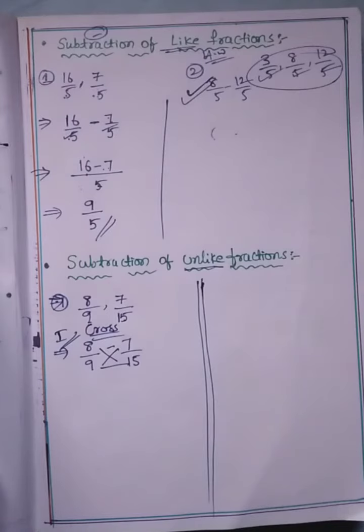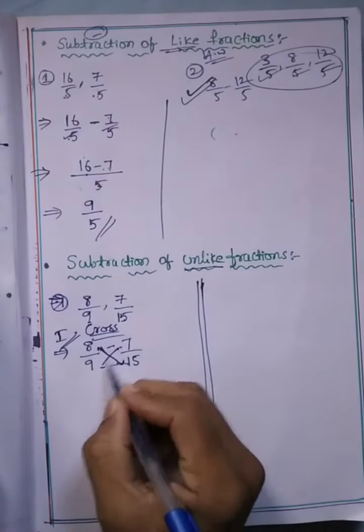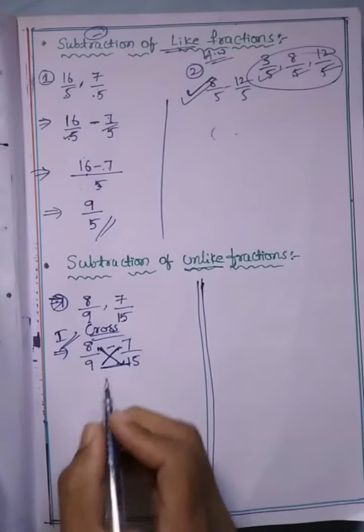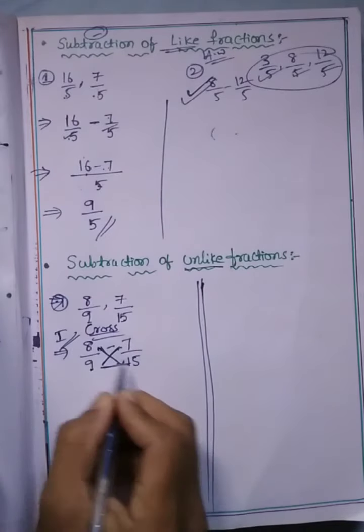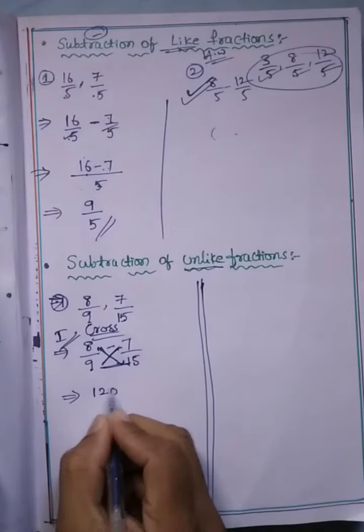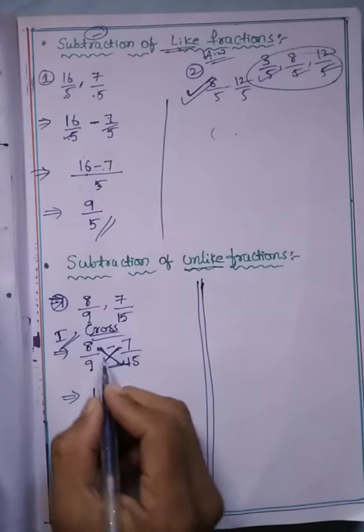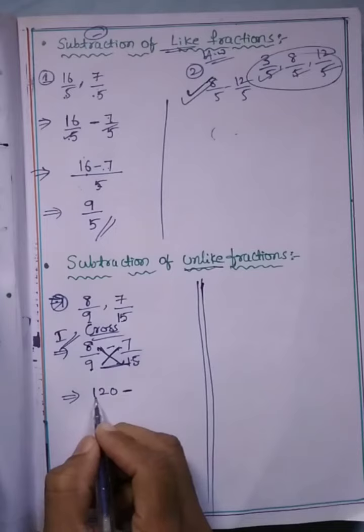So, for cross multiplication, take this symbol. If you want to take an arrow mark, then you can, otherwise no issue. Now 8 into 15. 8 15s are 120. Take this minus symbol. First multiply both of these numbers, 120.